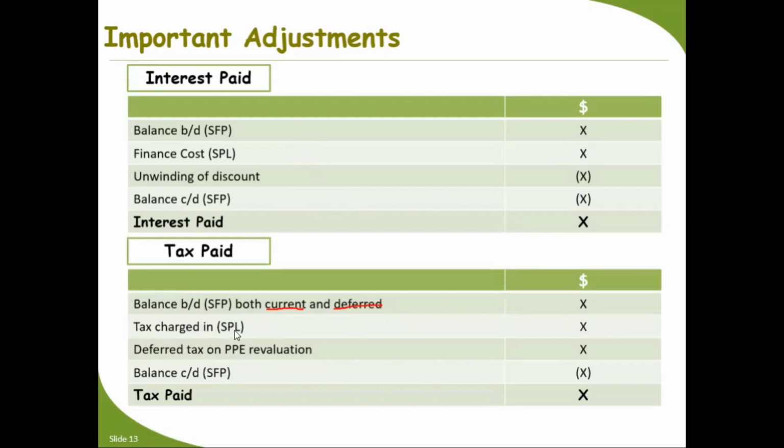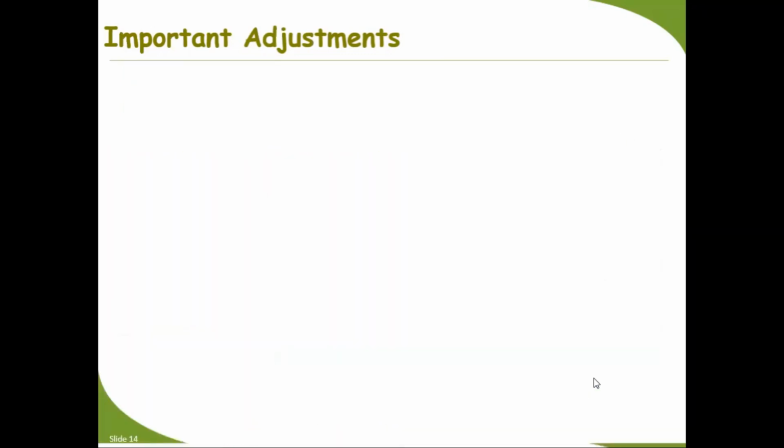Then the tax charge in SPL. You will add back deferred taxation on PPE revaluation, if there is any deferred taxation related to revaluation of PPE, and you will subtract the balance carried down, and the balancing figure would be your tax paid.